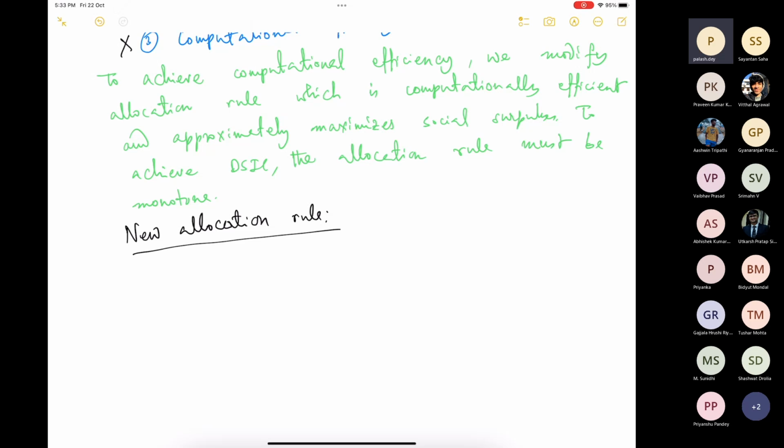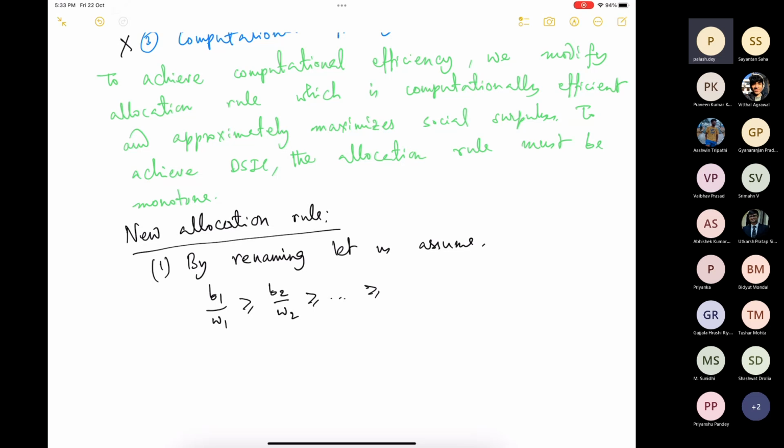First, by renaming, let us assume that b1 by w1 is greater than or equal to b2 by w2, and so on.